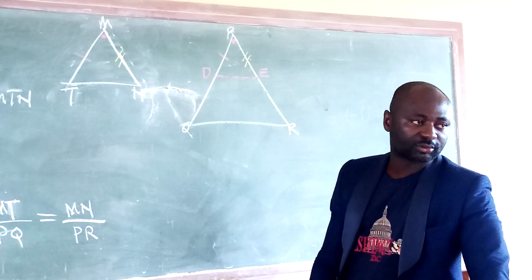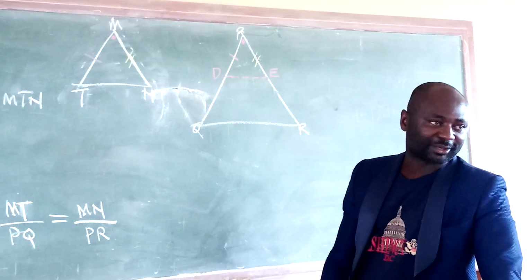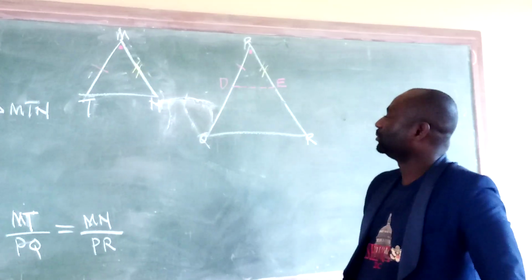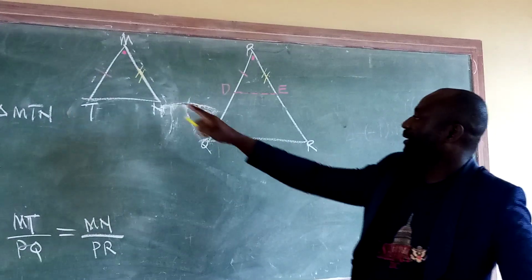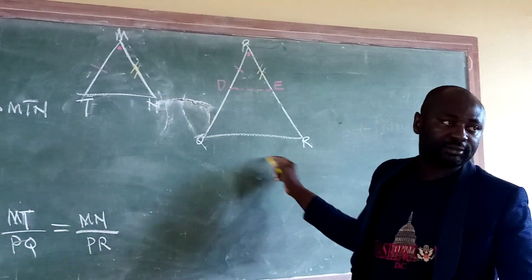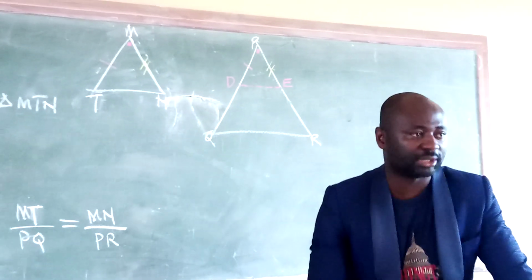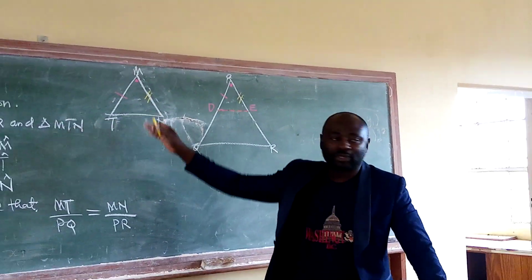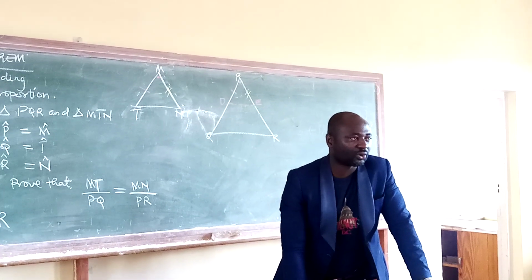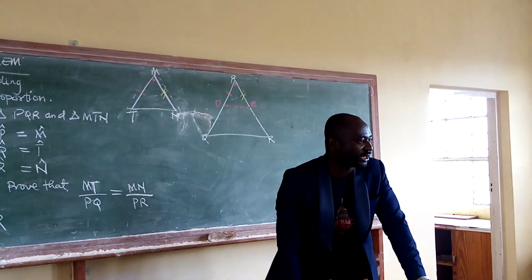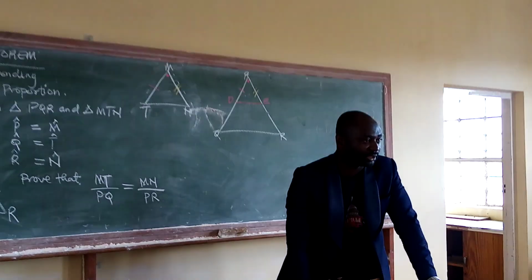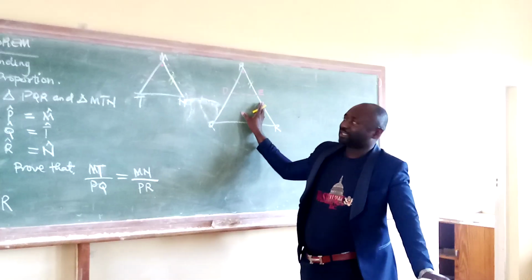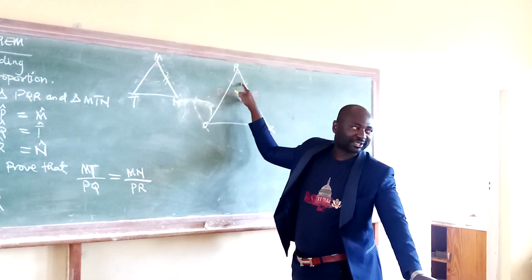Now let me take you back to real life, where we play mathematics according to real life situations. You do life sciences, right? Yes, some of you. The bigger triangle is called the mother triangle, and the smaller one is the child. But before a mother gives birth, she first has to conceive. You must become pregnant first. So now the bigger triangle is pregnant with this same child inside here.